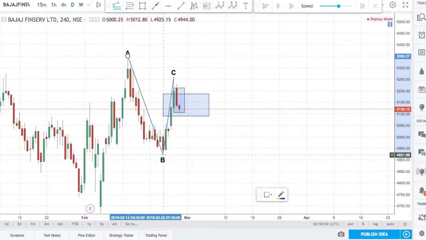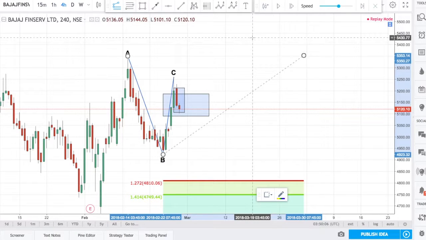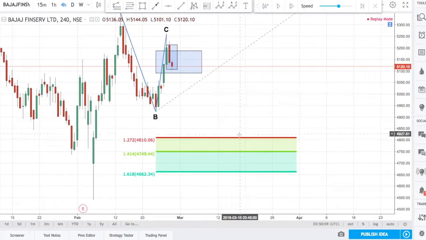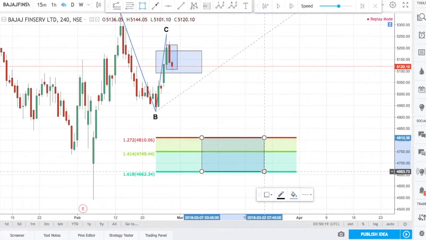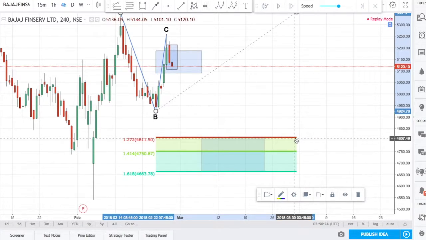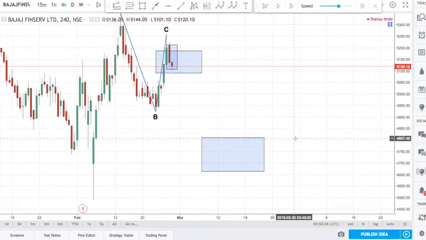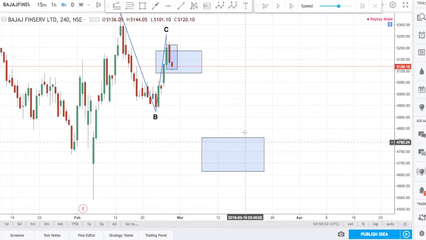A to B, back to A, gives us this zone, 1.27 and 1.618. So let's draw this zone. We have our possible reversal zone here.